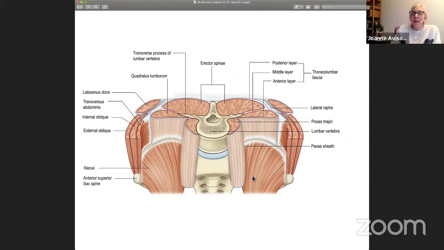But QL is very often a multi-fibrous, but very small, sort of two finger width piece of myofascia that actually anchors the last rib to the pelvis.